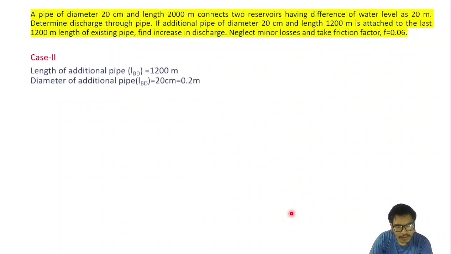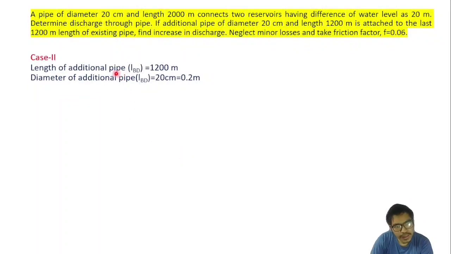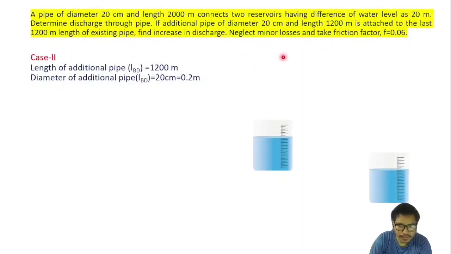Another case is where an additional pipe of length 1200 meter is attached to the last 1200 meter of existing pipe in parallel. So we have to neglect minor losses. This is the figure of case 2.